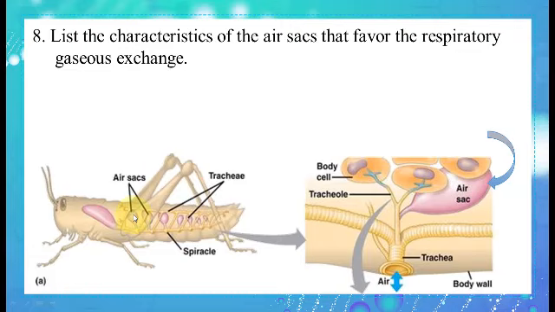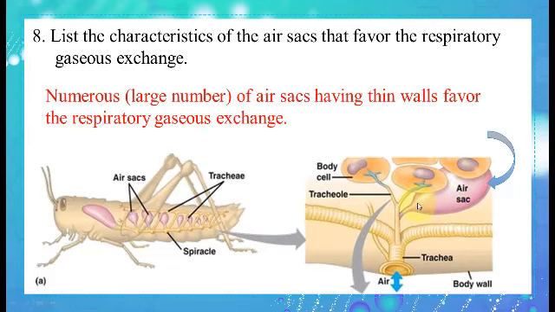Do they have thin wall or a thick wall? Those air sacs have thin walls in order to favor the respiratory gases exchange, so that the oxygen gas can be consumed by the organs and the carbon dioxide gas can be released from the organs to be exhaled outside the body.